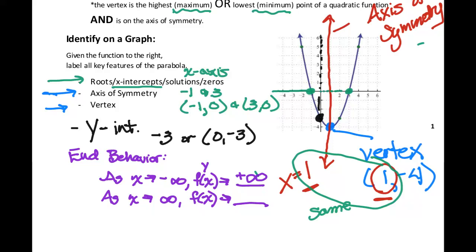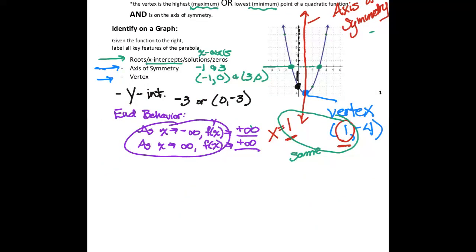Again, it's going up. So you wouldn't even have to look at this part of it that much. You just look at it and you're like, oh, it's going upward. That means it's going to positive infinity. And if it's opening downward, that means it's going to negative infinity. Okay? Questions about that? Any questions?